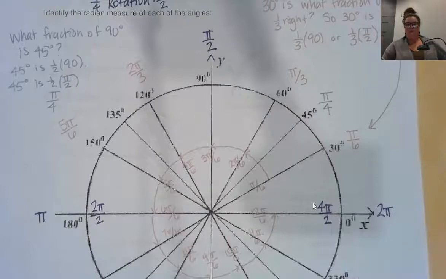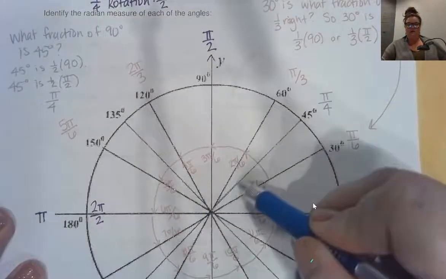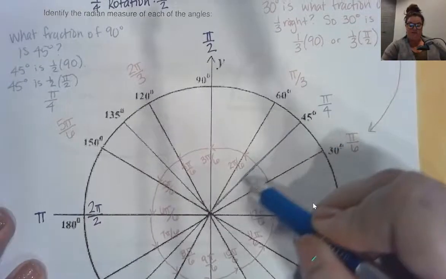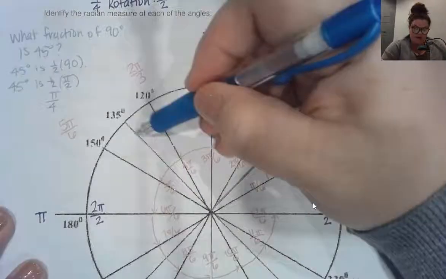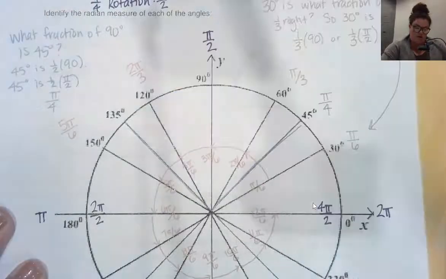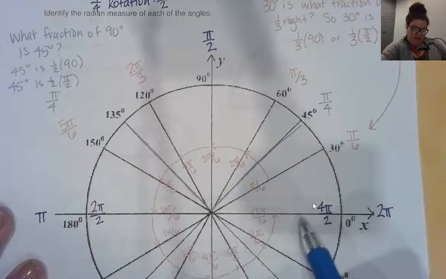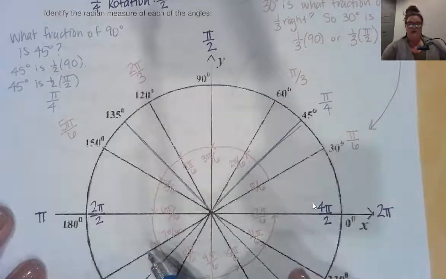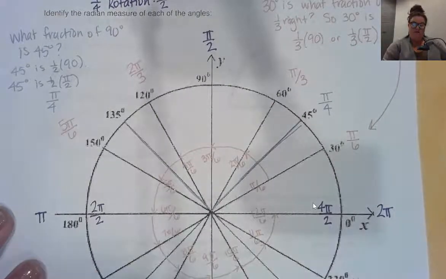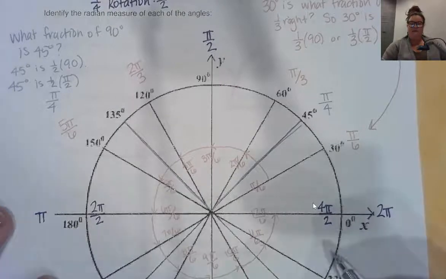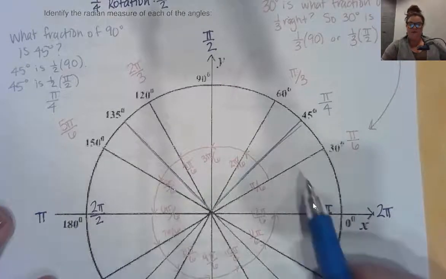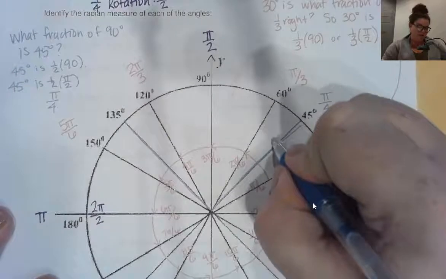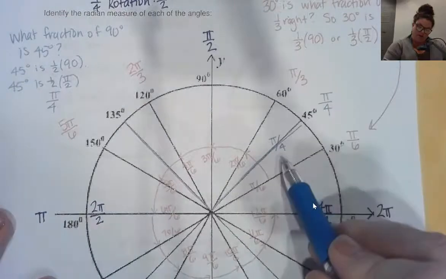Okay? Hopefully everybody's with me. And then now that I have a 45, remember your 45s are these that cut your quarters directly in half, right? I want to go around in 45 degree increments and label the rest of them. Okay, so again, we just determined that this one is pi over 4.